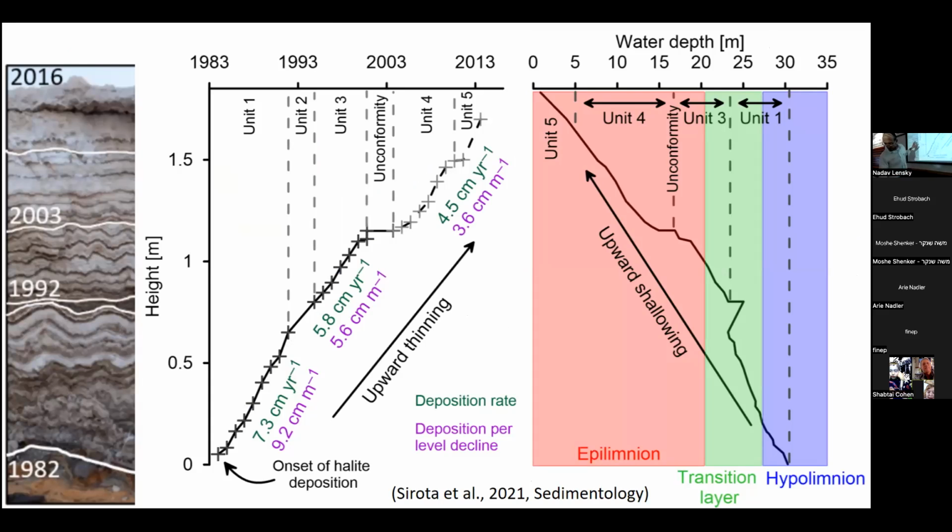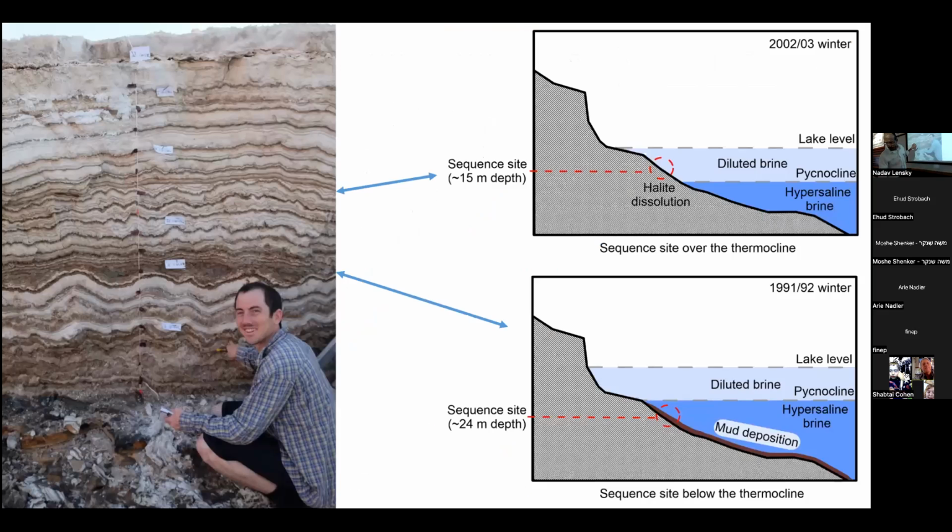Let's start with the first, maybe. Here, I noticed that you have thicker salt layers above 2003, so we go to 2000.